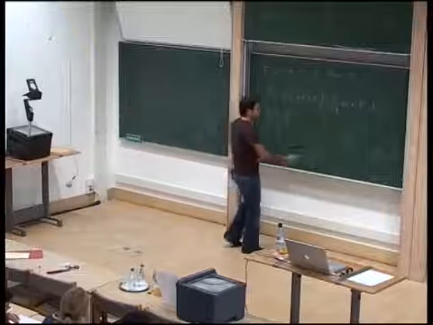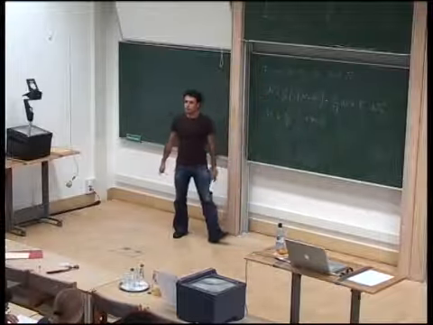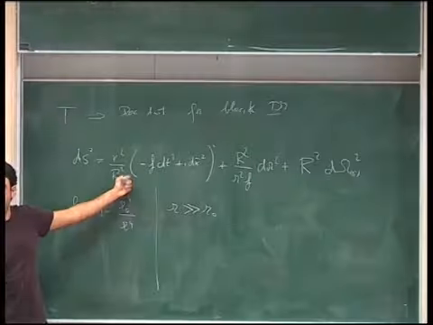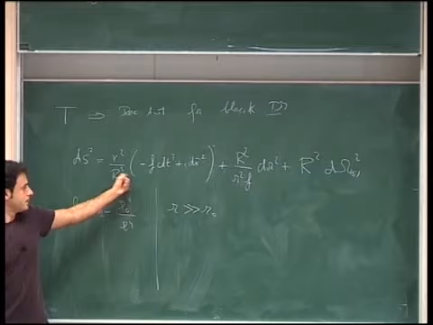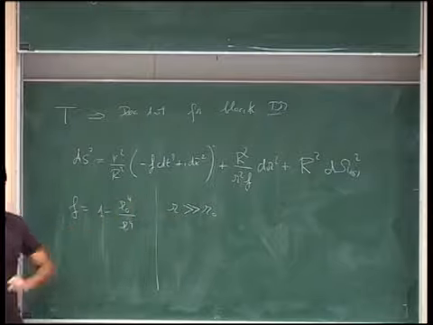So the first thing you notice is that for little r much larger than r_0, f is essentially 1, and this metric reduces to the metric we studied yesterday. And that's exactly what you would expect, because as we'll see, r_0 is proportional to the temperature.